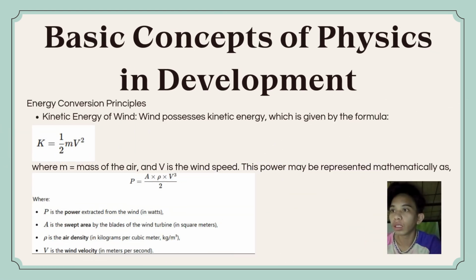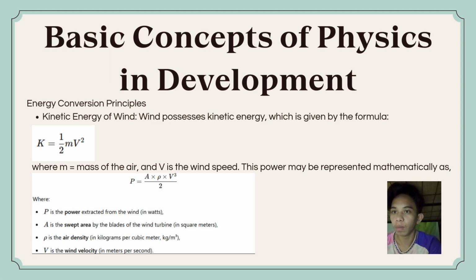So the next is energy conversion principles. The first point is kinetic energy of wind. Wind possesses kinetic energy, which is given by the formula KE equals 1 over 2 m v squared, where m is the mass of the air and v is the wind speed.